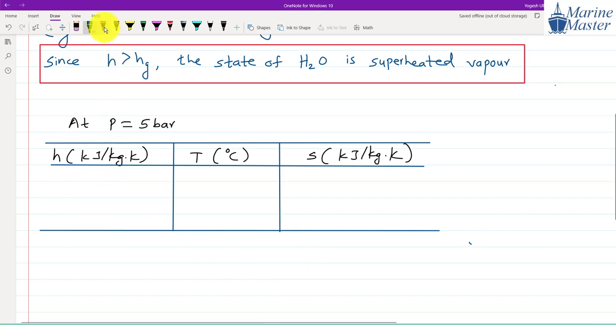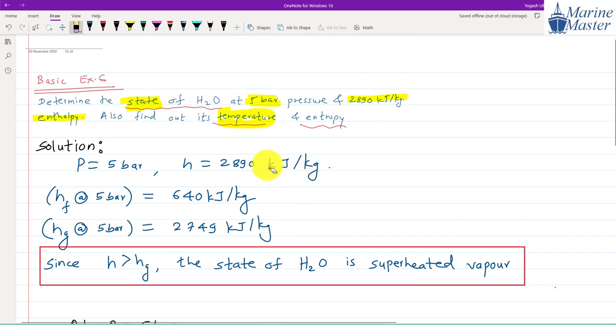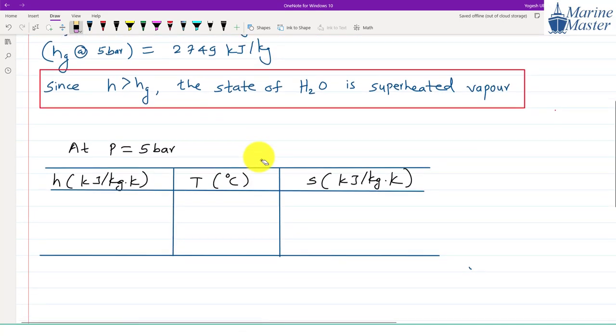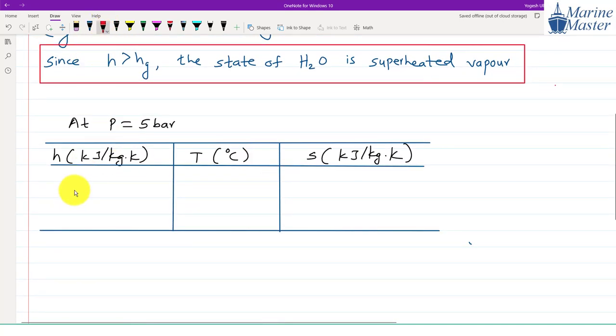The value of h given to us in the question is 2890, so I am going to write down 2890. Corresponding temperature we have to find out, and corresponding entropy we have to find out, guys.